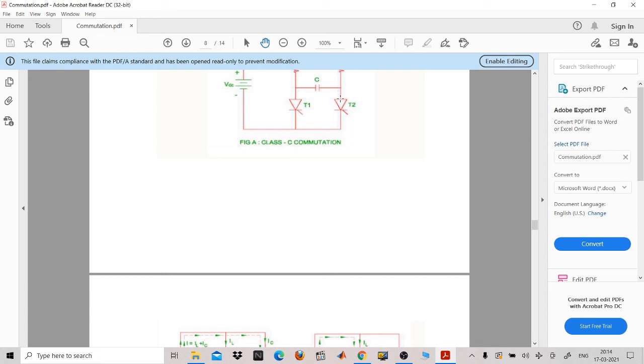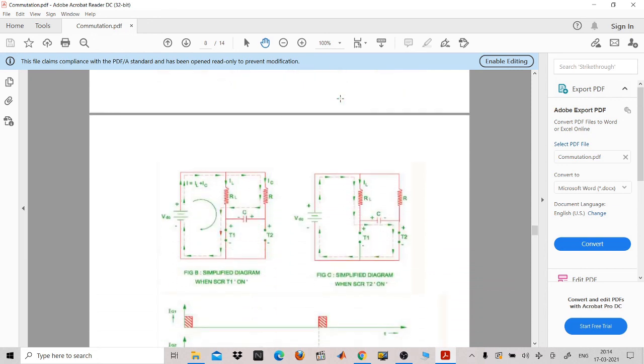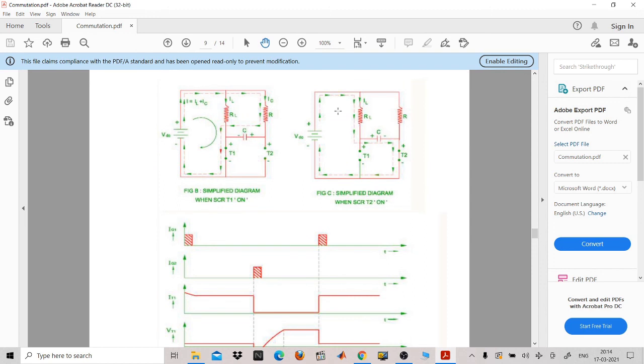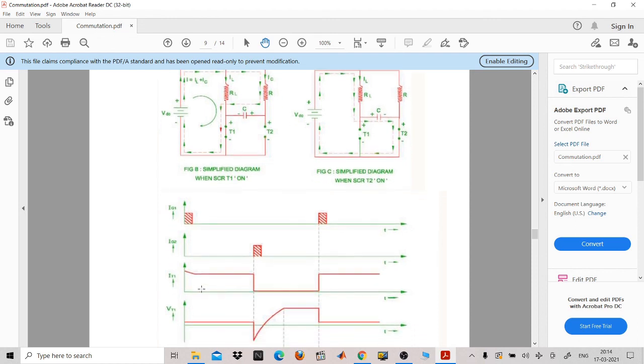So that voltage will be coming to zero first, and then it will increase in the positive direction. Fine. So at t equal to 0, we are providing a gate pulse. So when you are providing a gate pulse to T1, it means your T1 will be acting as a short circuit. So when T1 will be acting as a short circuit, what is happening? This voltage will be coming across your T2. So now you can see that your T2 is off.